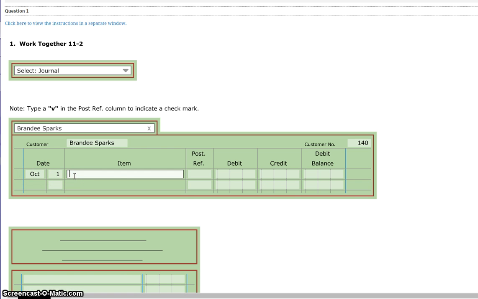Remember, because it's a balance brought forward, we write the word balance and we put the check mark, since we didn't get this from any certain ledger or journal, and our balance just goes into the balance column.